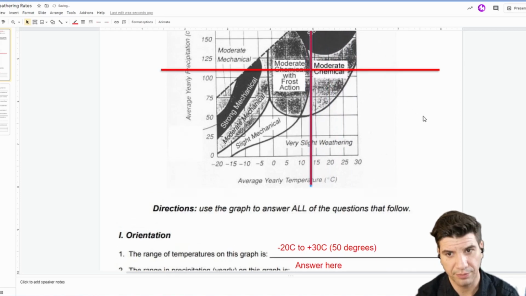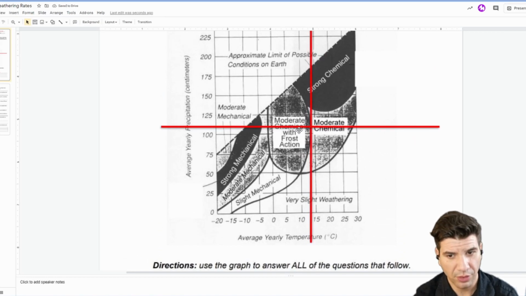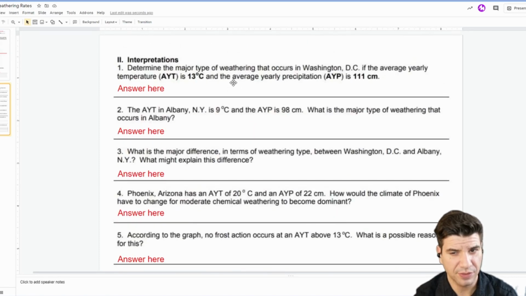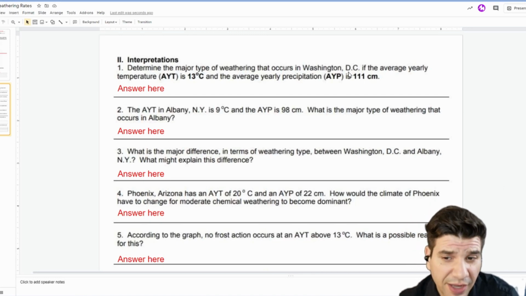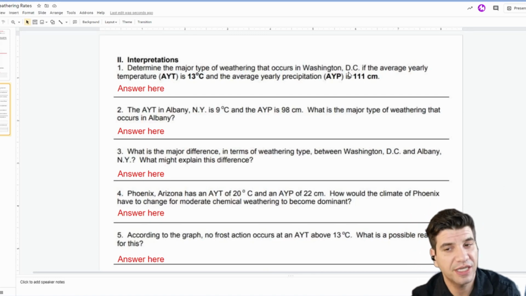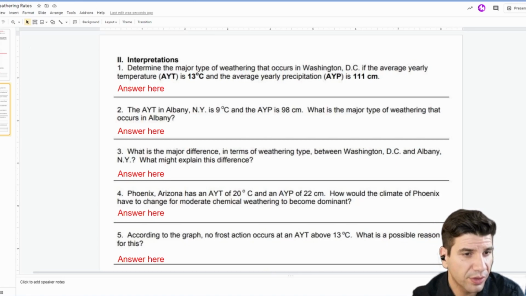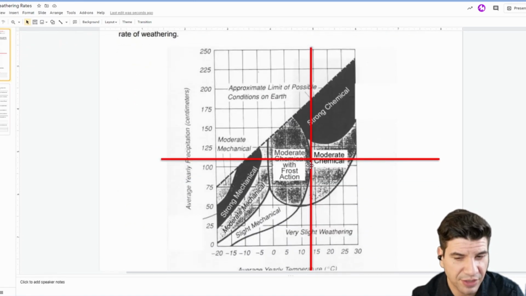So where are we? We seem to be on the border between moderate chemical with frost and moderate chemical. Well, where was the location? It said it was Washington, D.C. I know for a fact Washington, D.C. does get a little bit of snow every now and again. And if they're getting snow, they probably have a little bit of frost action happening. So I'm going to lean towards moderate chemical with frost.